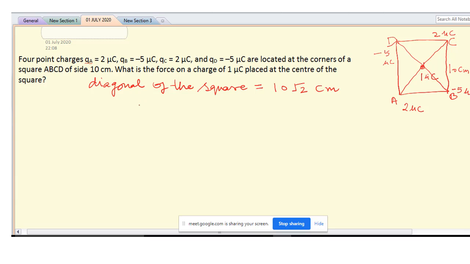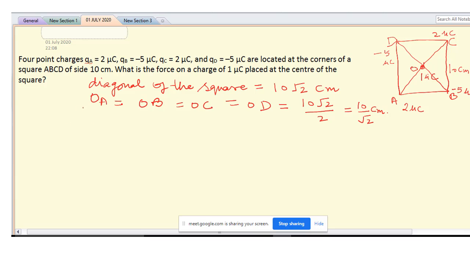Suppose this center is O, then OA is equal to OB is equal to OC is equal to OD, and this distance is 10√2 upon 2, which is equal to 10/√2 centimeter. Clear? All the distances are equal.